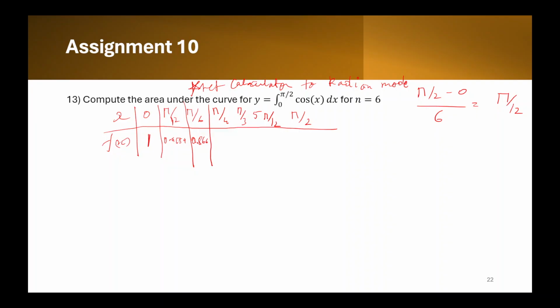Then cos pi by 4, 0.707. Then cos pi by 3 is 0.5.